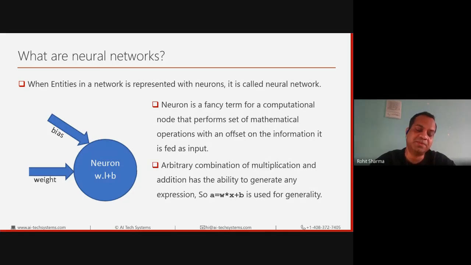So W times X plus B followed by an activation function can give you any function, however complex, however arbitrary it is. And so it's a good choice for W times X plus B, and convince yourself by connecting a few neurons one after the other and see what kind of functions you get. Now we'll talk about that in a minute.